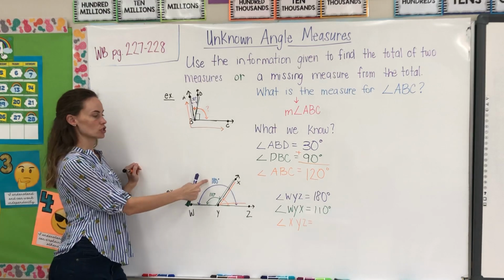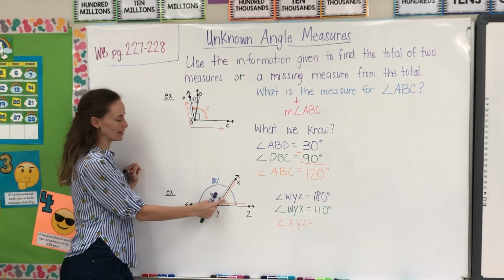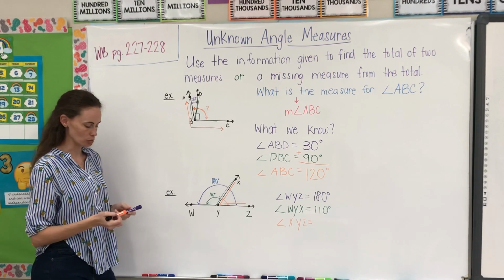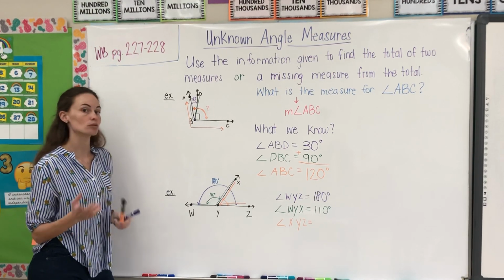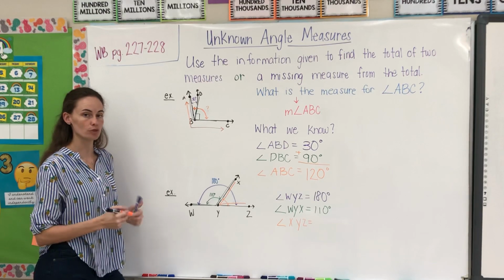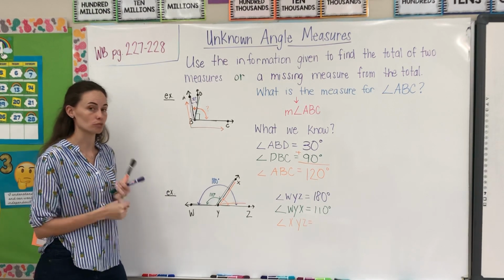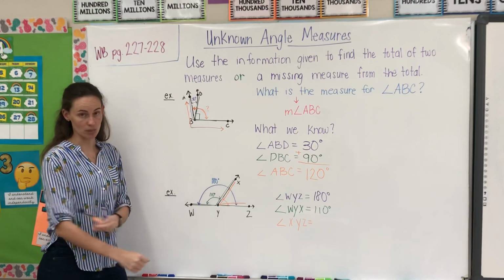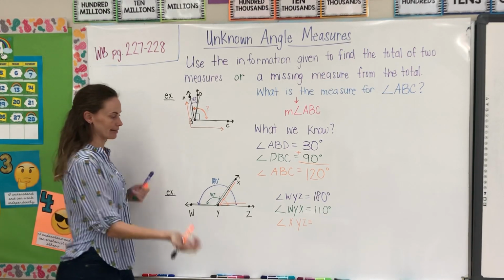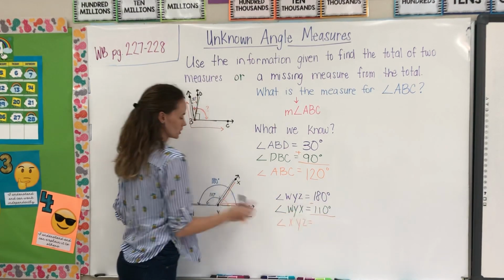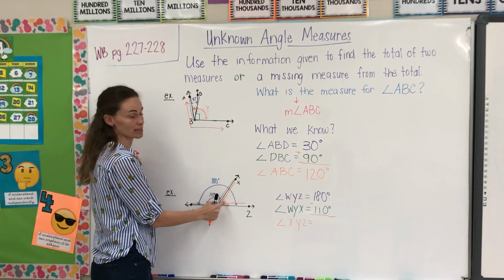If they're giving us the total and one of the parts, and we need to find the missing part, what operation do we need to do? We need to subtract, just like we talked about when we do problem solving. When they give us the total, it's always going to be either subtraction or division, because we have to get to a smaller number. In this case, we're subtracting. We're taking the total minus the part that we know to find what is missing.